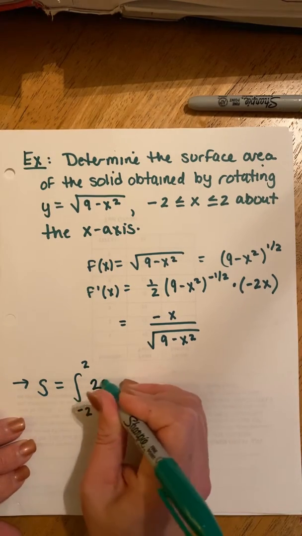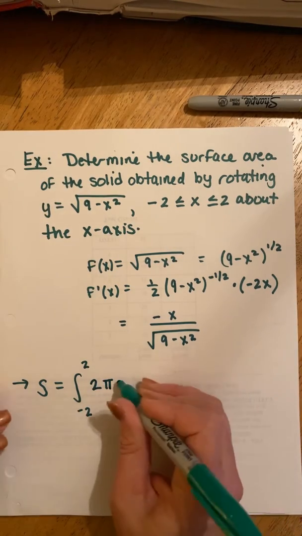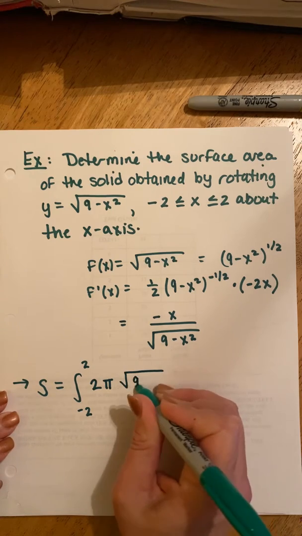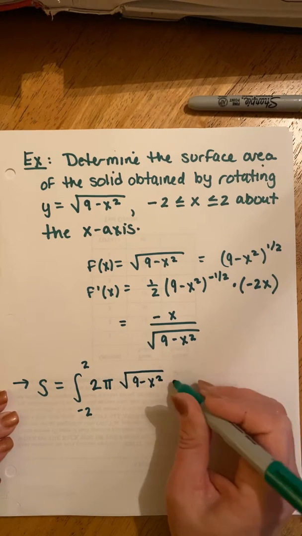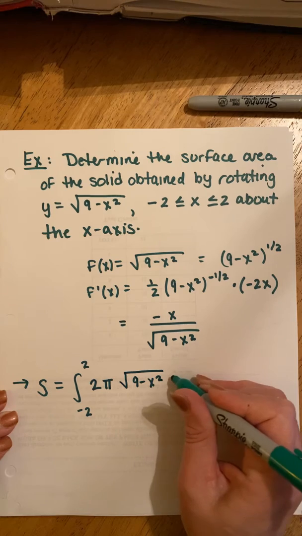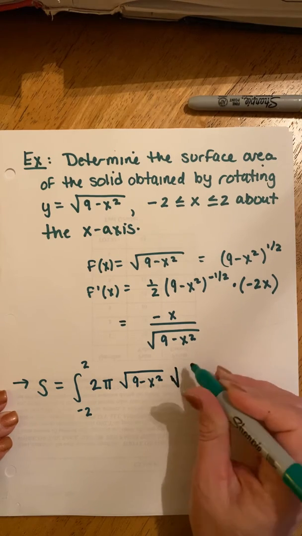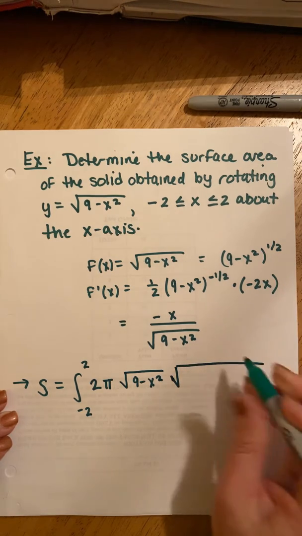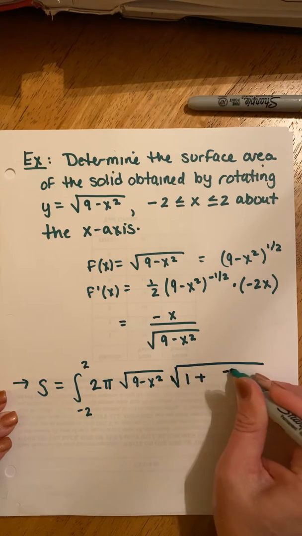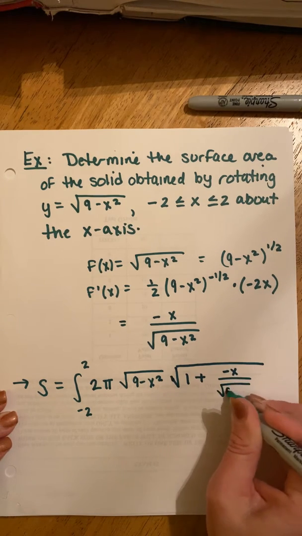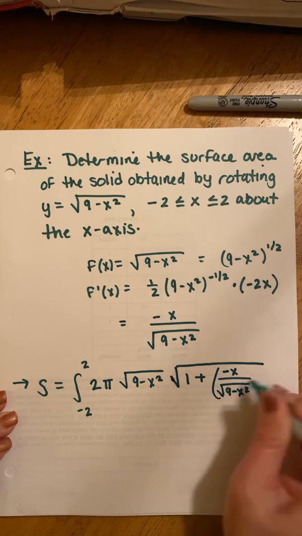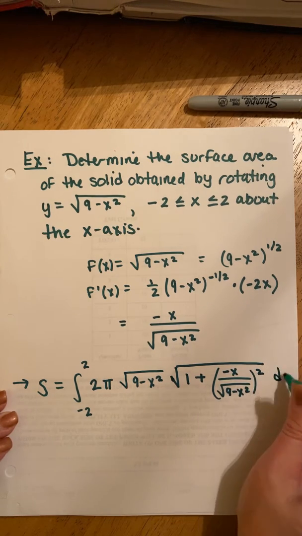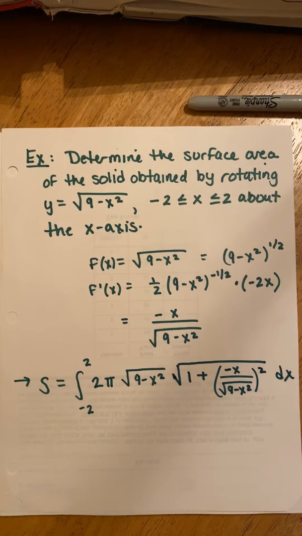So it's going to be 2 pi f of x, the square root of 9 minus x squared, times the square root of 1 plus negative x over the square root of 9 minus x squared, dx. Ooh, that's looking a little scary.